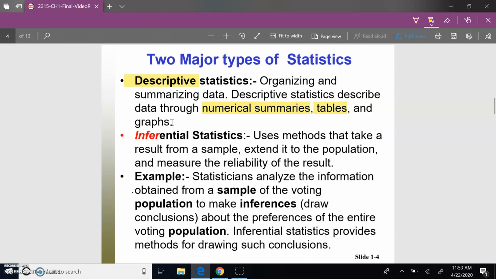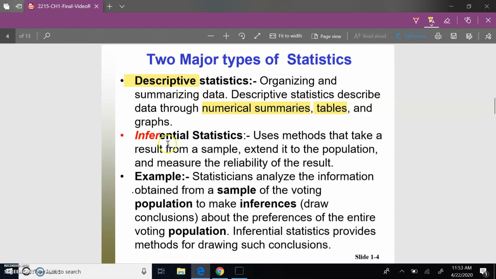We're going to learn this in this particular course, right? So what is descriptive statistics? We simply describe some important features of the data. That type of statistics in which we simply describe the important features of the data is called descriptive statistics. So it's very important that you understand this word, descriptive statistics.